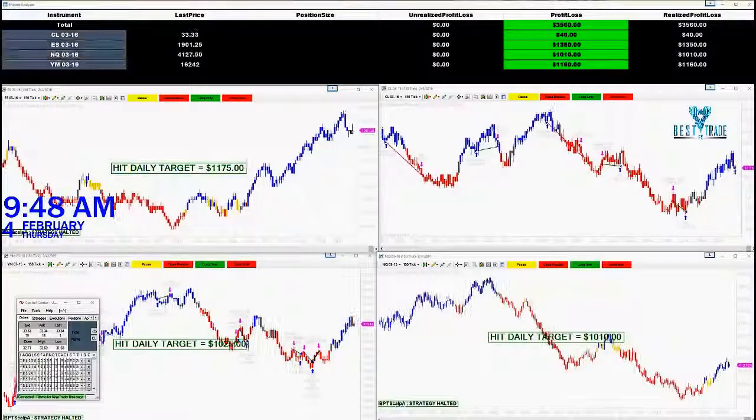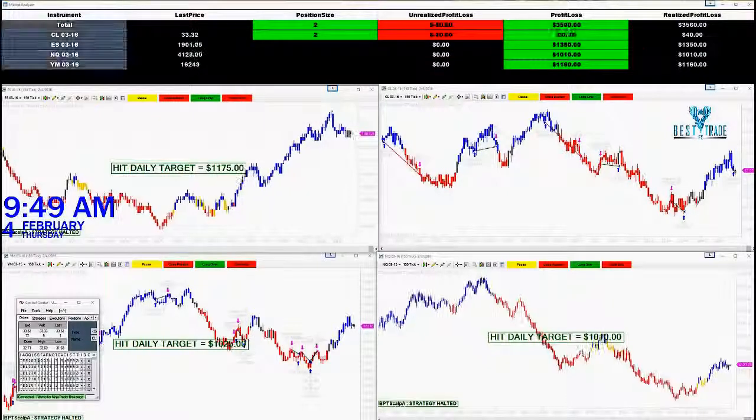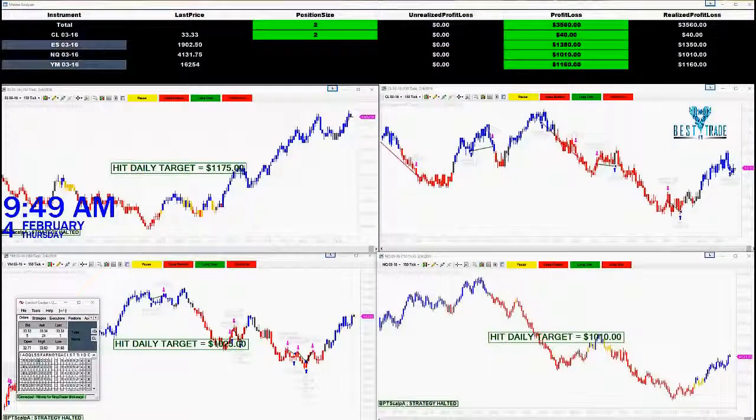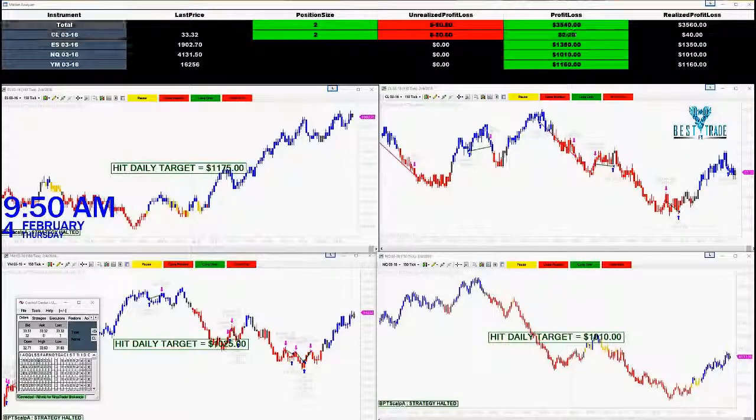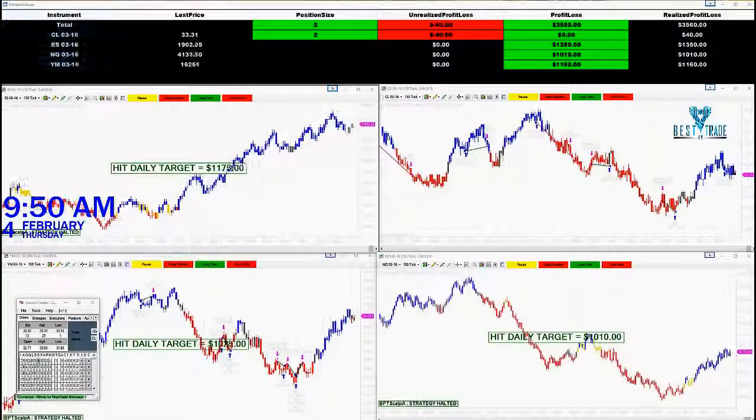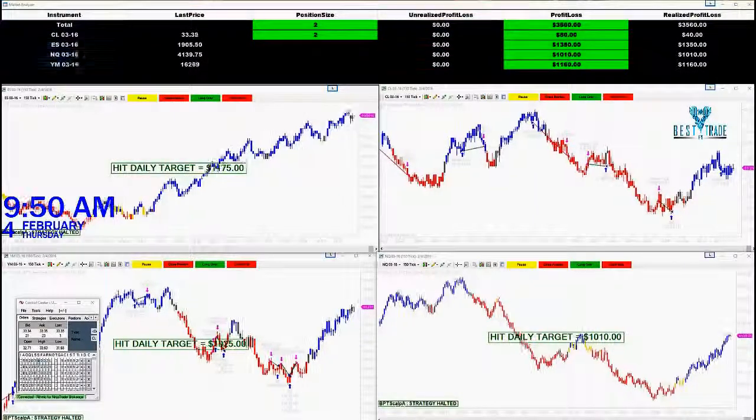If any auto trade has crossed your target for today, and the auto trade is going in your direction, it is not going to close that position exactly at the 1,000.